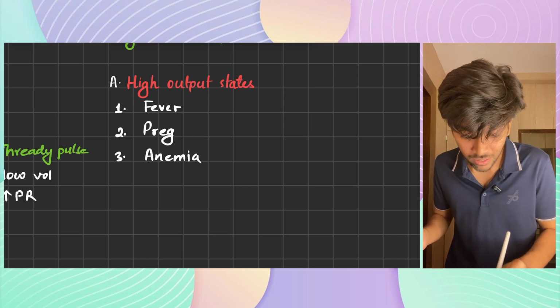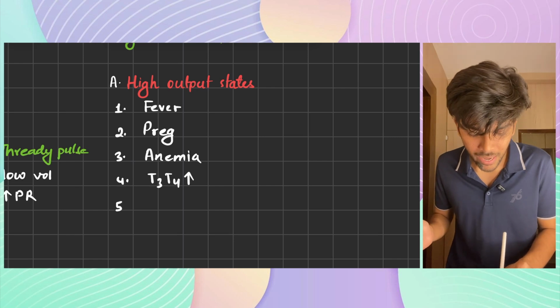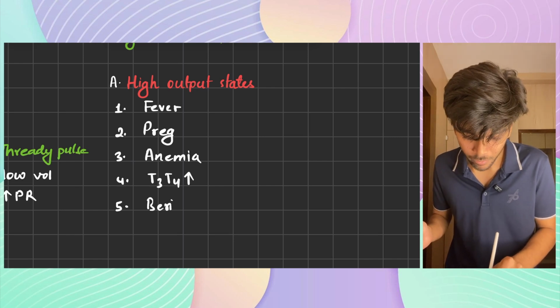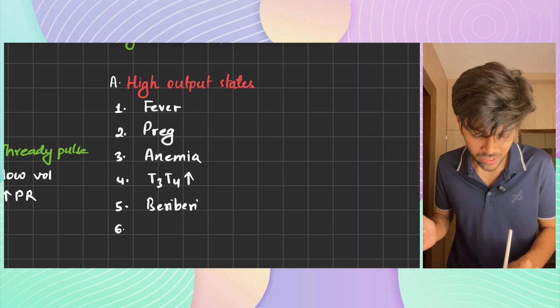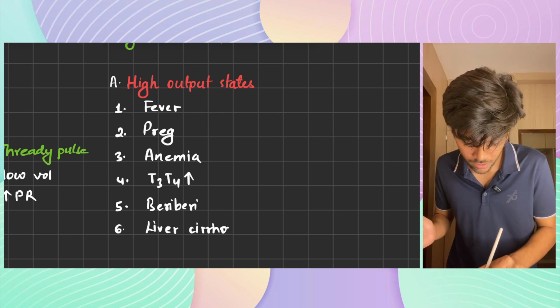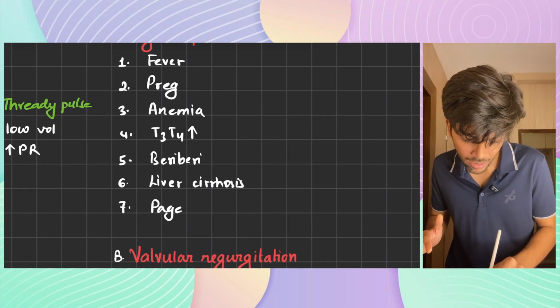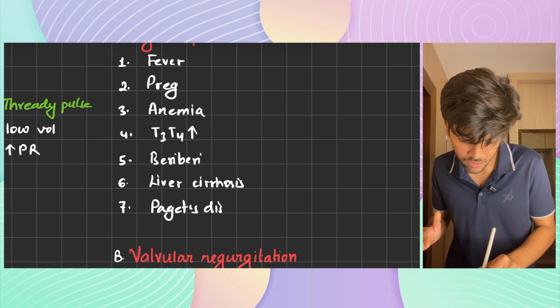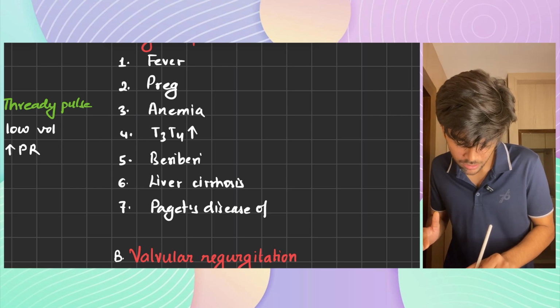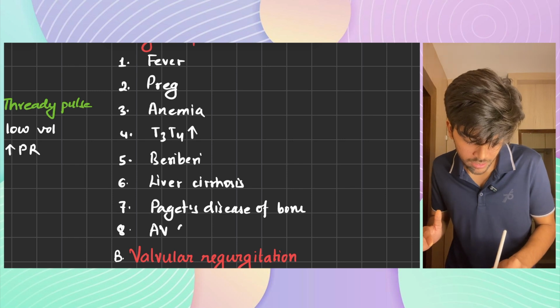Number 4, thyrotoxicosis. Number 5, beriberi. Number 6, liver cirrhosis. Number 7, Paget's disease of bone. And number 8, arteriovenous fistula.